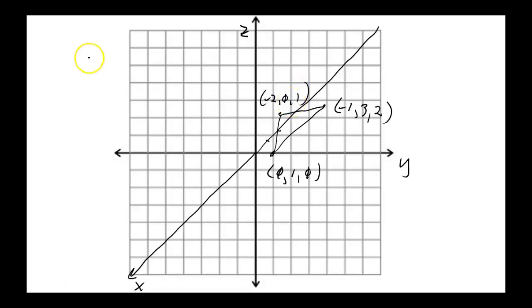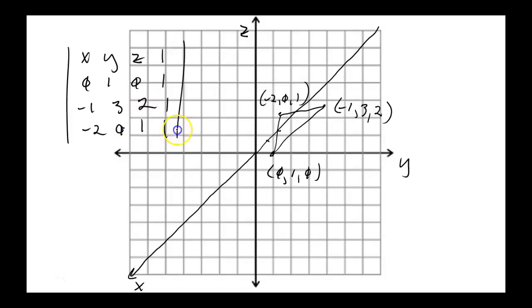Okay, the equation for that would be x, y, z, 1, 0, 1, 0, 1, negative 1, 3, 2, 1, and negative 2, 0, 1, 1 equal to 0. Okay. What I decided to do first was take negative row 2 and add it to row 3 and 4 and get a couple extra zeros on that last row.